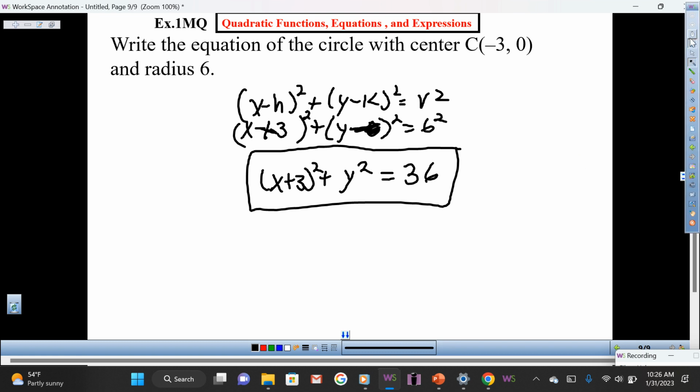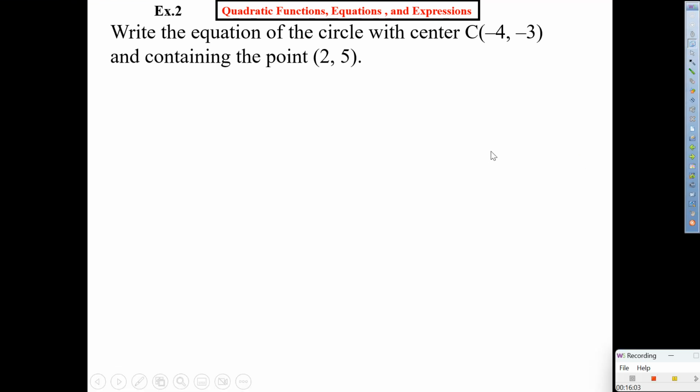Let's move on. Copy this one, example 2. Write the equation of the circle with center (-4, -3), containing the point (2, 5). Copy that, please, and then I'll go through the process. It can go pretty fast, but just copy it for right now.